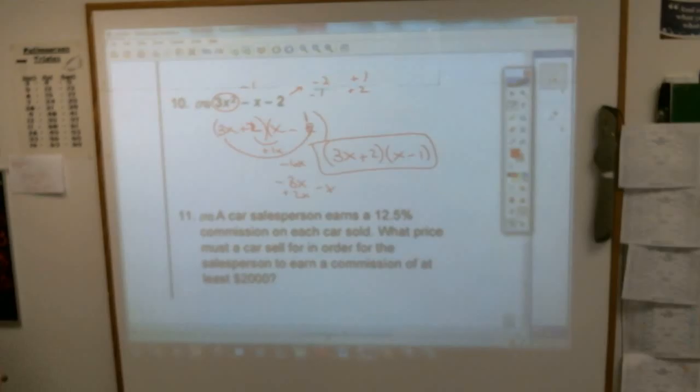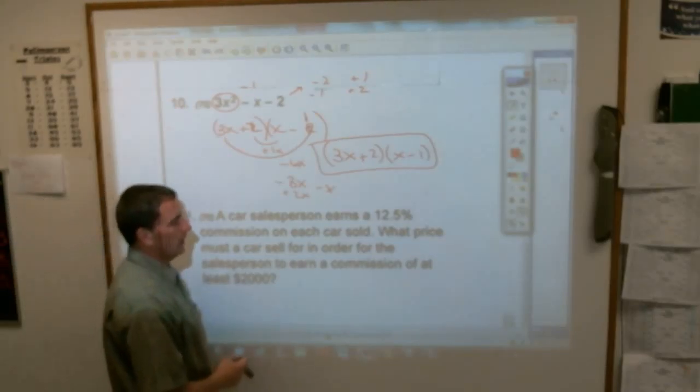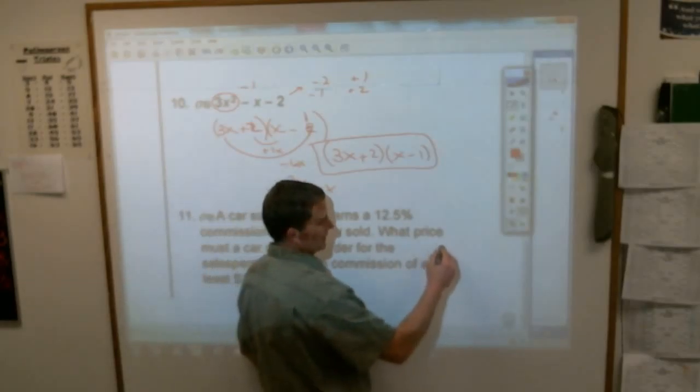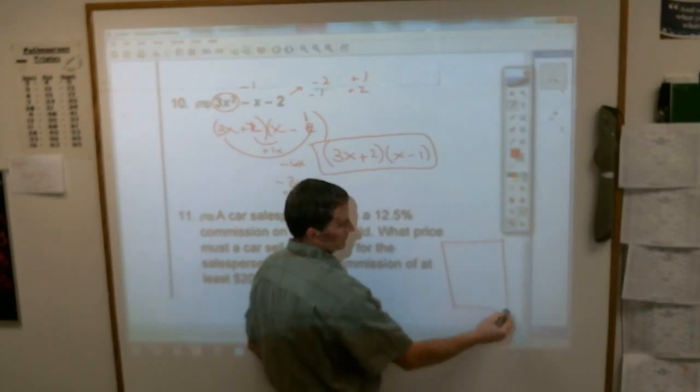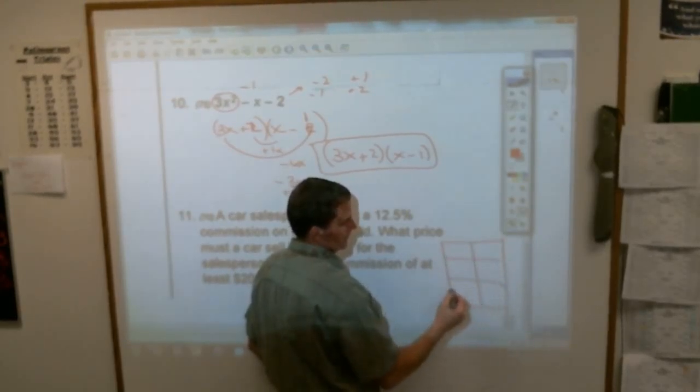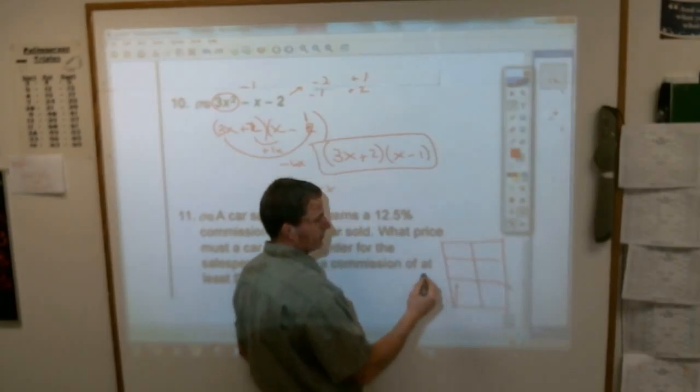A salesperson earns 12.5% commission on each car sold. What price must the car sell for in order for the salesperson to earn a commission of $2,000? One way to look at it is like this, Calvin. And I think I do this for a couple people here.